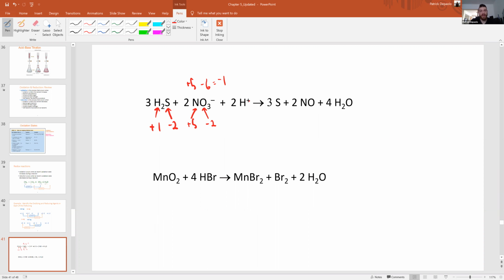+5. Hydrogen, now this is a little bit different. Even if the element is by itself, if it has a charge, that's its oxidation number. So hydrogen is +1. You would think, oh, it's 0. No, you have to check the charge. The charge rules everything.